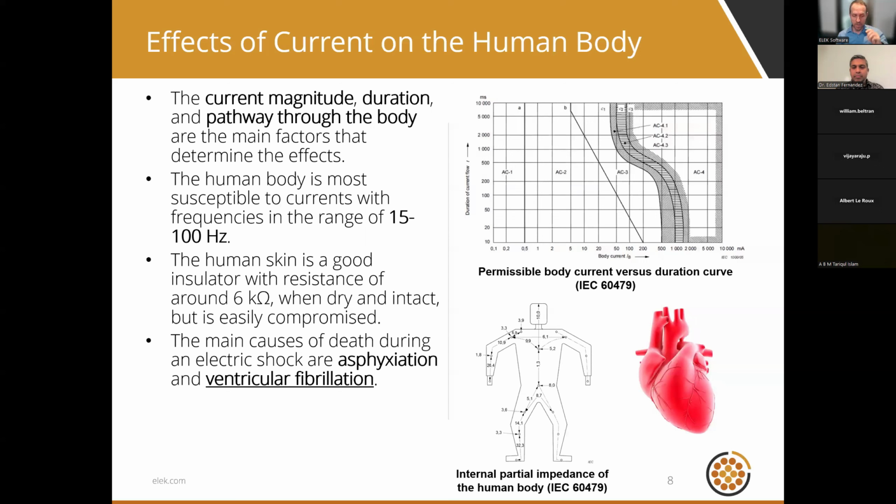The main causes of death during electric shock are asphyxiation and ventricular fibrillation, or stoppage of the heartbeat. Unfortunately, for the latter, that condition is irreversible. So it's the more dangerous effect, and it's the one that's considered.